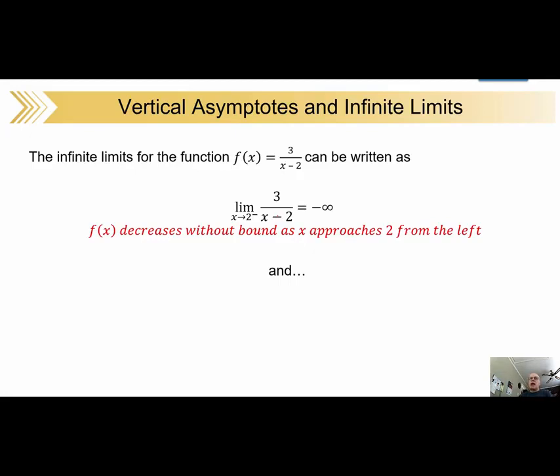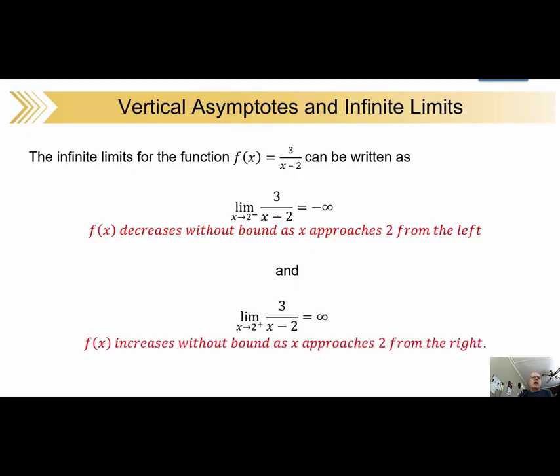If you're familiar with a table function in your calculator, that would be another possibility too. I don't usually do that, but it's a possibility. Remember, that's as x approaches 2 from the left. And from the right, you get a different limit.